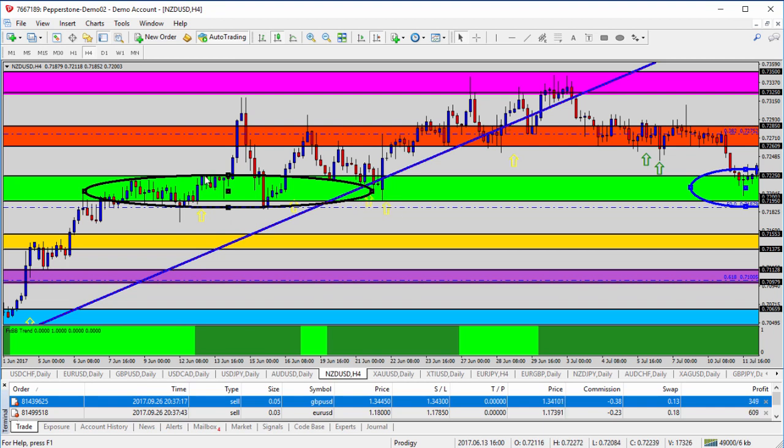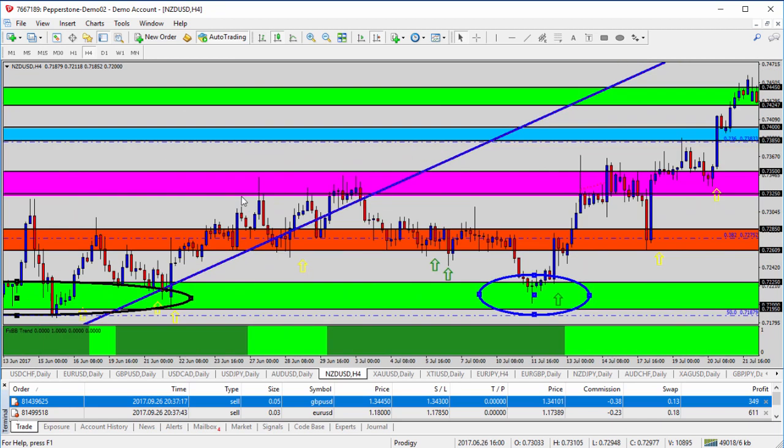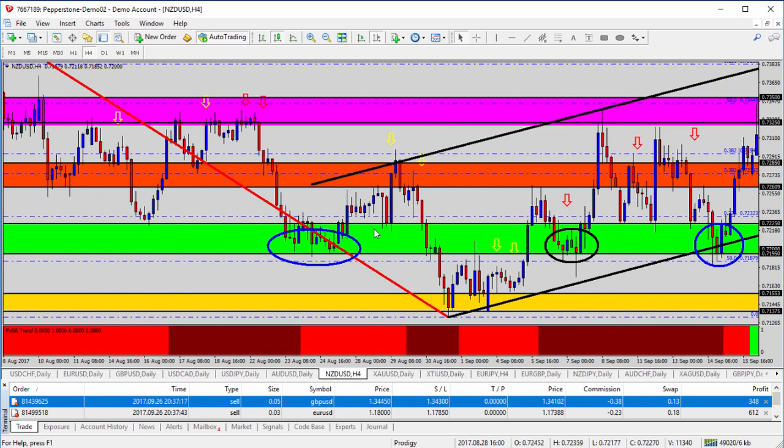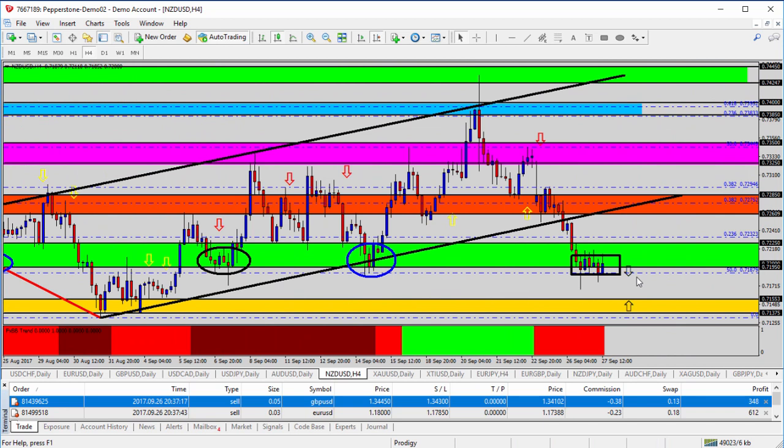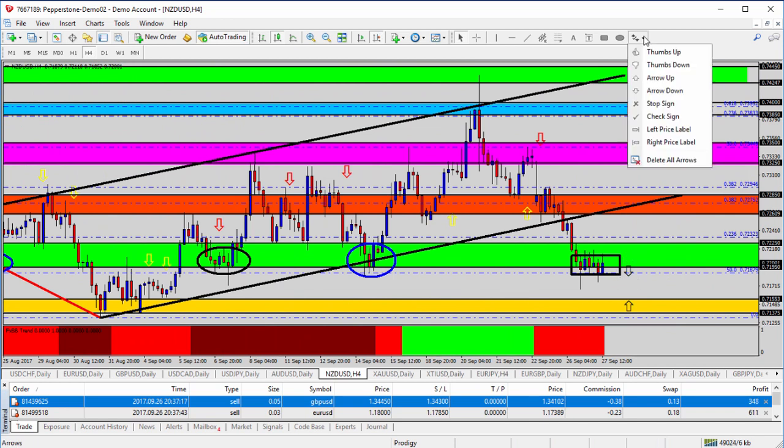So clearly the point of interest is 71.95, 7200, about a 5 pip area there, right at the bottom of the green zone. If it can break underneath it, obviously the yellow zone is our target, but that implies we must see a break of that green zone. If it can't, and all of the history tells us that if it can't get through that green zone, we might see it turn around and go back higher.